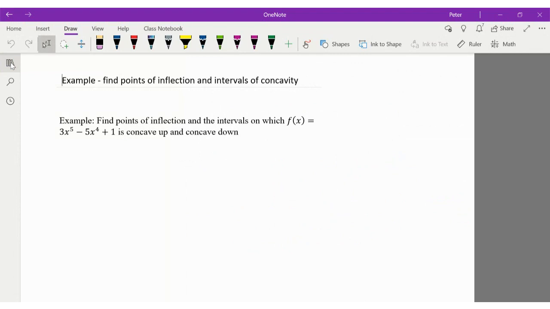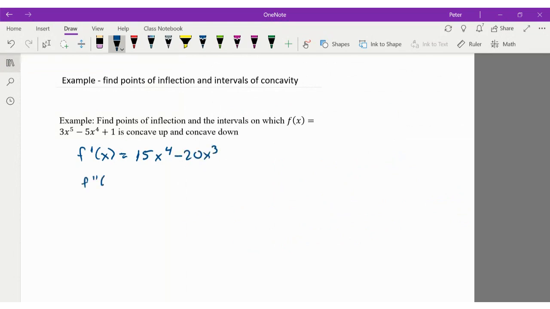Okay, so here's just an example. Find inflection points and intervals of concavity of this given function. So what we would do here is we'd simply find the second derivative, which we do first by finding the first derivative. So the first derivative is 15x to the fourth minus 20x cubed.